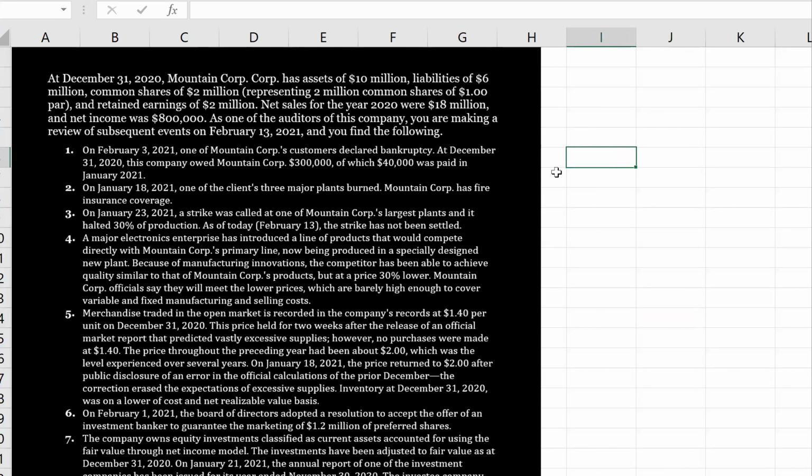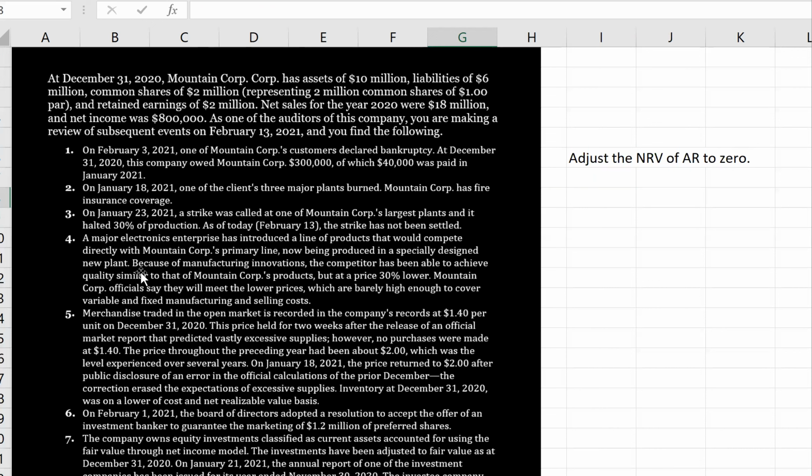So we would adjust the net realizable value of AR to 0. We would adjust for number 1 because that existed at the statement of financial position date.